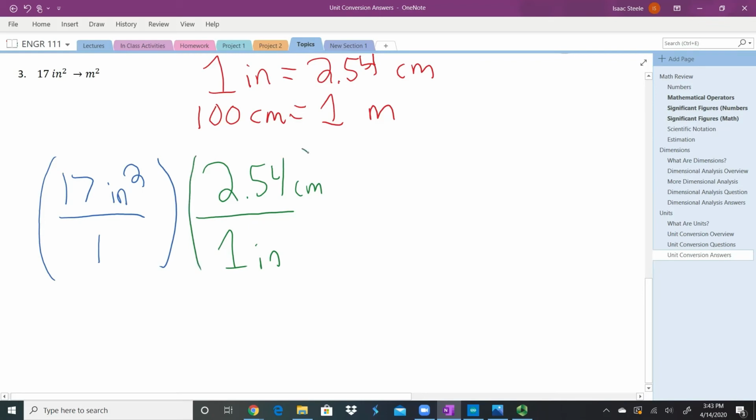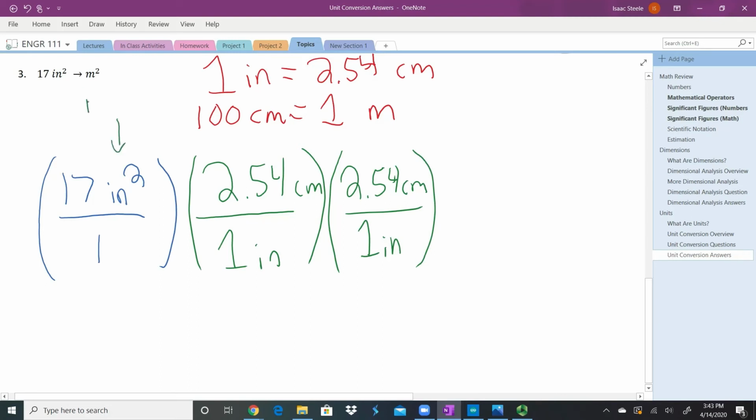So there's actually 2 ways to go about this, and I'm going to show you the way that I like to do it. It's not as popular as what a lot of people do. I like to show my work. I really like to see what's happening. And so what I'm going to do is I'm going to do this factor one more time. We have to remember that this inches squared really looks like inch times inch.